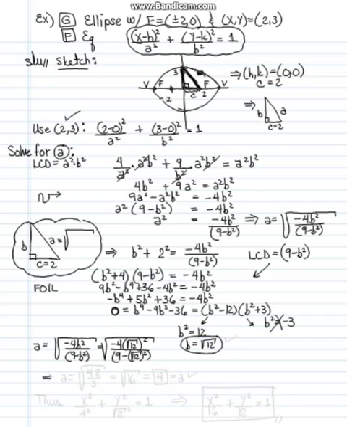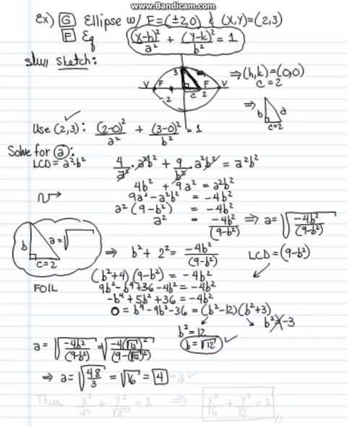So that simplifies to the square root of 48 over 3, and that's the square root of 16, which is equal to 4. So a is equal to 4.